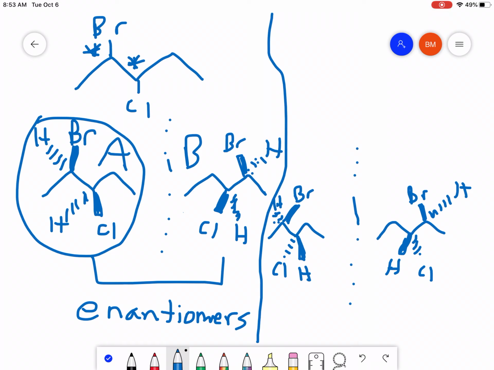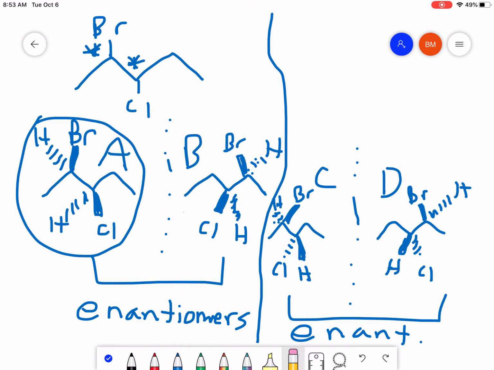That's a pair of enantiomers. Take the first molecule, switch the groups on one of your stereogenic centers, draw that, and then draw the mirror image. All right, that gets 3 and 4. This is also a pair of enantiomers. And I'll call this one C, and I'll call this one D. All right, so that's great. In this case, we don't have just one pair of enantiomers, we have 2 of them.